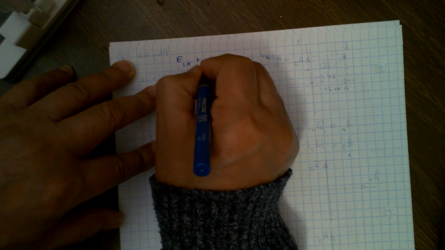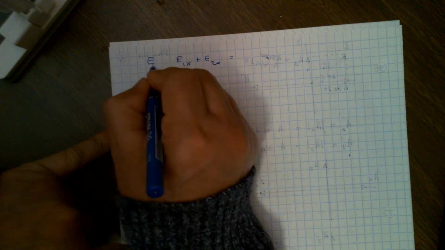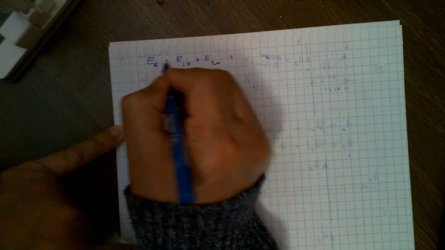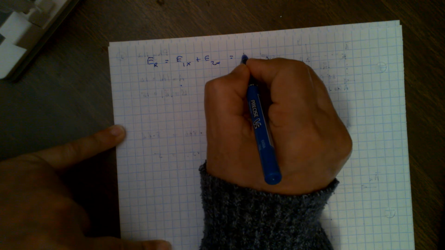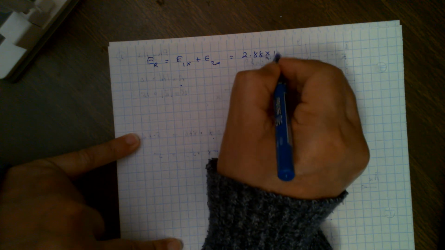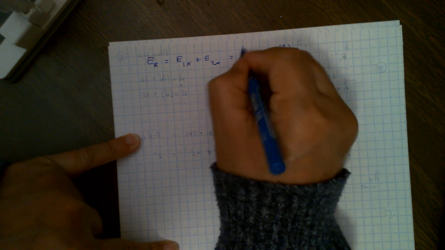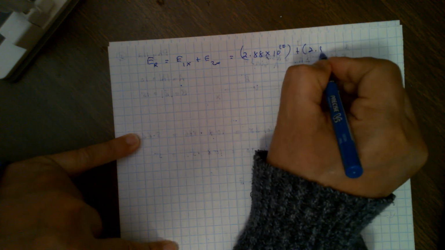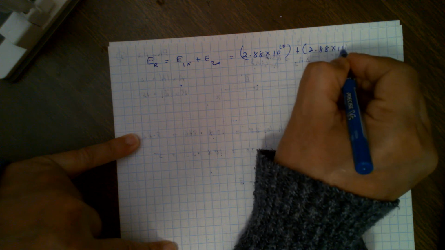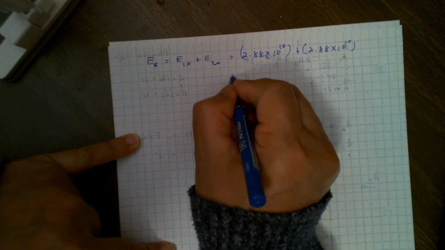E1x plus E2x, the magnitude of the resultant vector E resultant, will be 2.88 times 10 to the power 10 plus 2.88 times 10 to the power 10 newtons per coulomb.